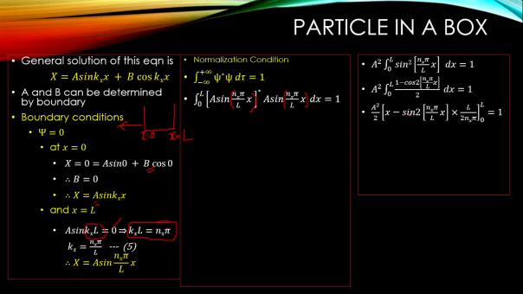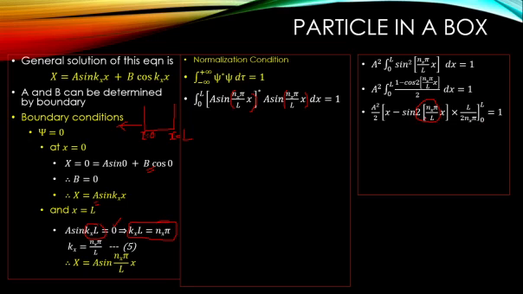So we have sine 2 nx pi by L into x. In the integration we'll be dividing by the constant, the coefficient of x. So we'll divide by 2 n pi by L, so L will come in the numerator. And we are putting the limit 0 to L.